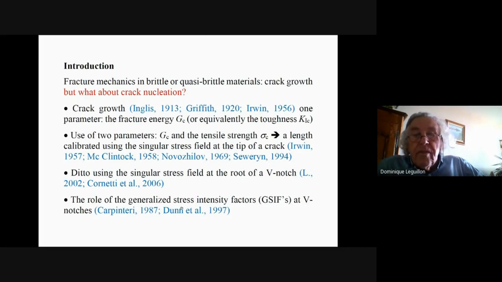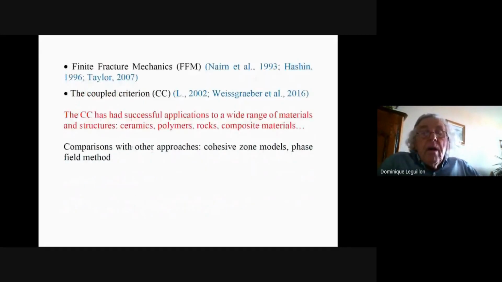The role of the generalized stress intensity factor: it generalizes the intensity factor introduced by Williams and Irwin. It's generalized because it's the Williams expansion not only for a crack tip but for V notches. I can mention Carpinteri and the experiments by Dunn and co-workers. Finite fracture mechanics: I already mentioned the paper by Ashin in '96, but John Nairn and co-workers also wrote a paper in '93.